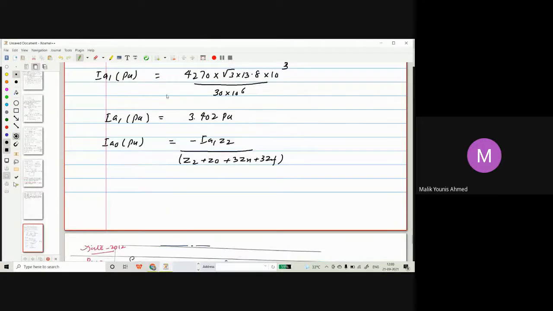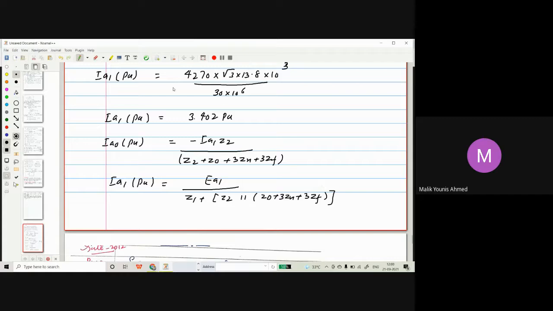But for this we should know IA1, in per unit. IA1 is EA1 divided by Z1 plus Z2 parallel with Z0 plus 3Zn plus 3ZF.